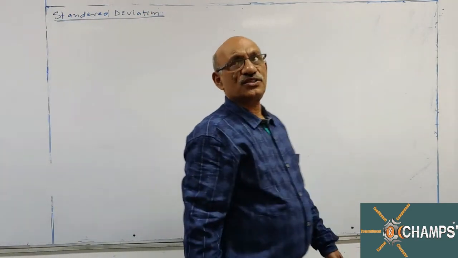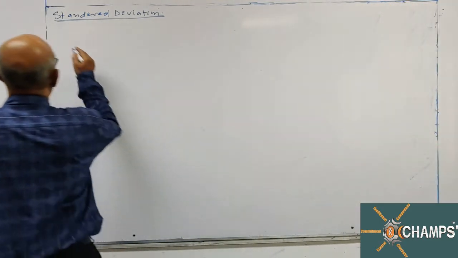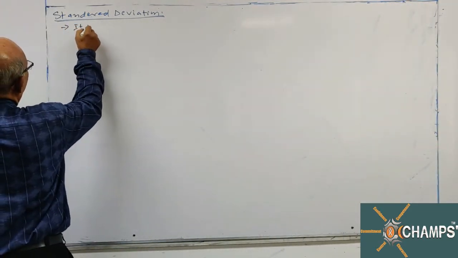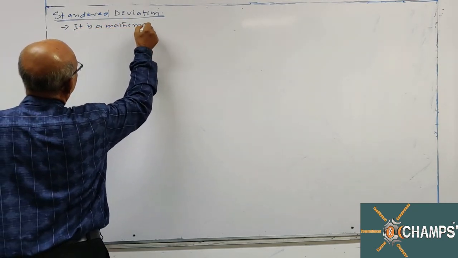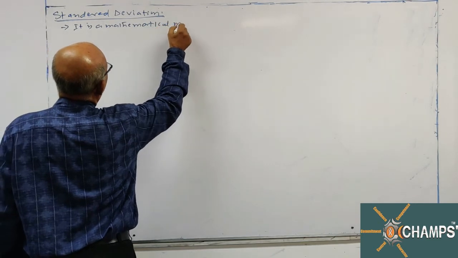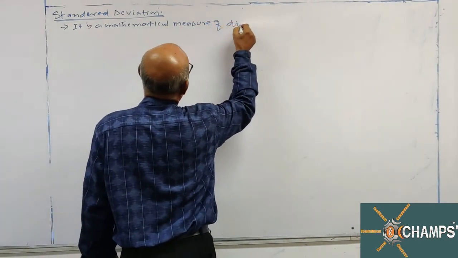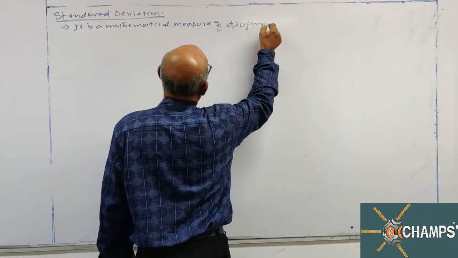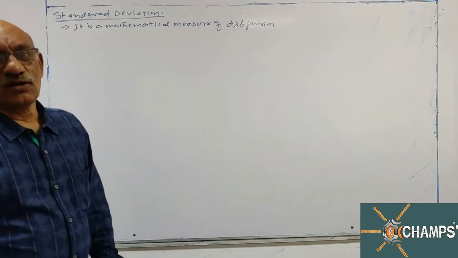Next point under discussion is standard deviation. It is a mathematical measure of dispersion.